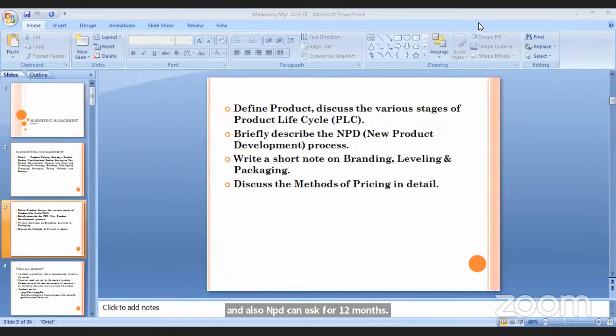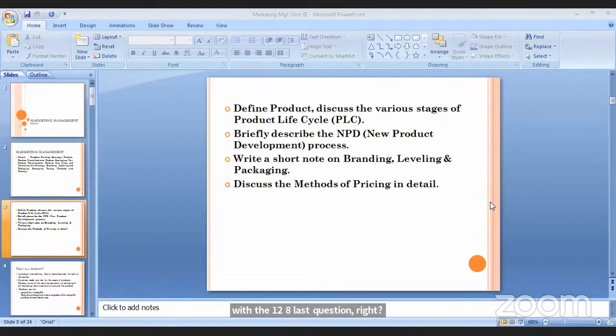But while we're talking about branding, labeling, packaging, if the three are combinedly asked, then this is for 12 marks. But if it is individual, then it comes for the 5 marks question. Pricing methods, definitely it will come along with the 12 or 8 marks question, right?